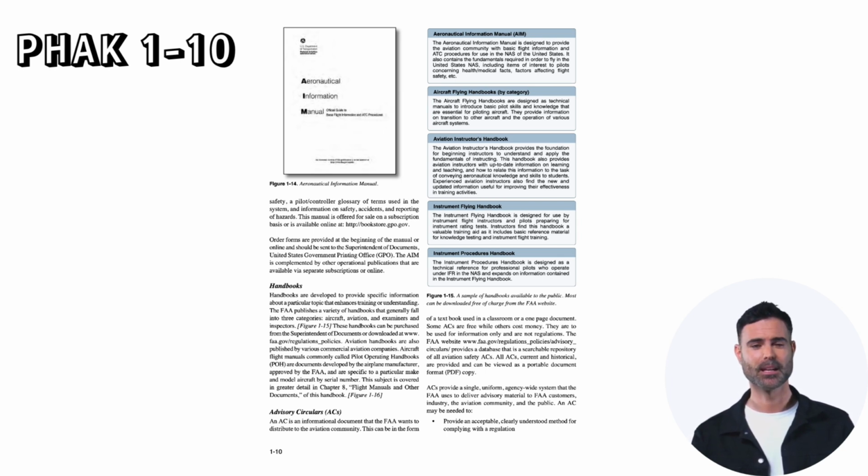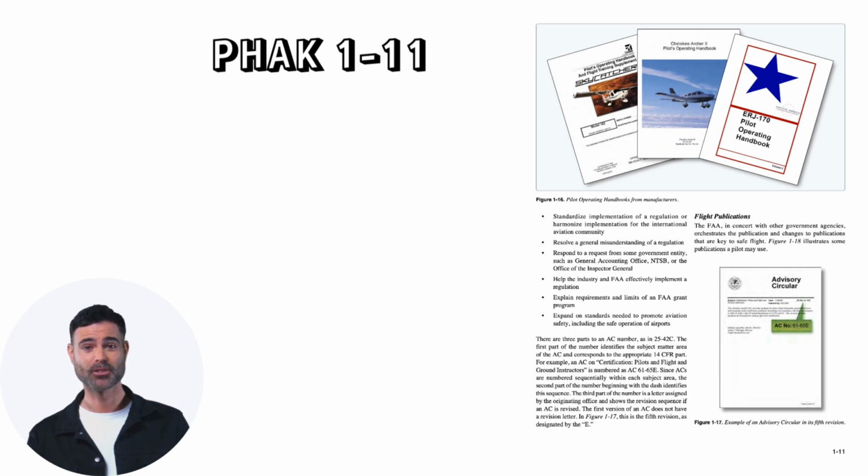An AC may be needed to provide an acceptable, clearly understood method for complying with a regulation, standardize implementation of a regulation or harmonize implementation for the international aviation community, resolve a general misunderstanding of a regulation, respond to a request from some government entity, such as the General Accounting Office, NTSB, or the Office of the Inspector General, help the industry and FAA effectively implement a regulation, explain requirements and limits of an FAA grant program, or expand on standards needed to promote aviation safety, including the safe operation of airports.